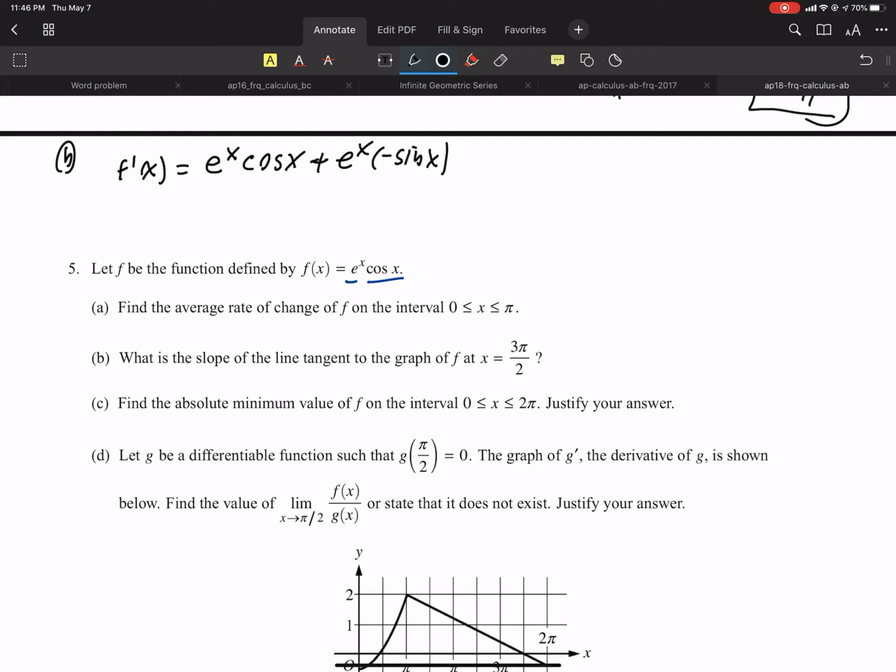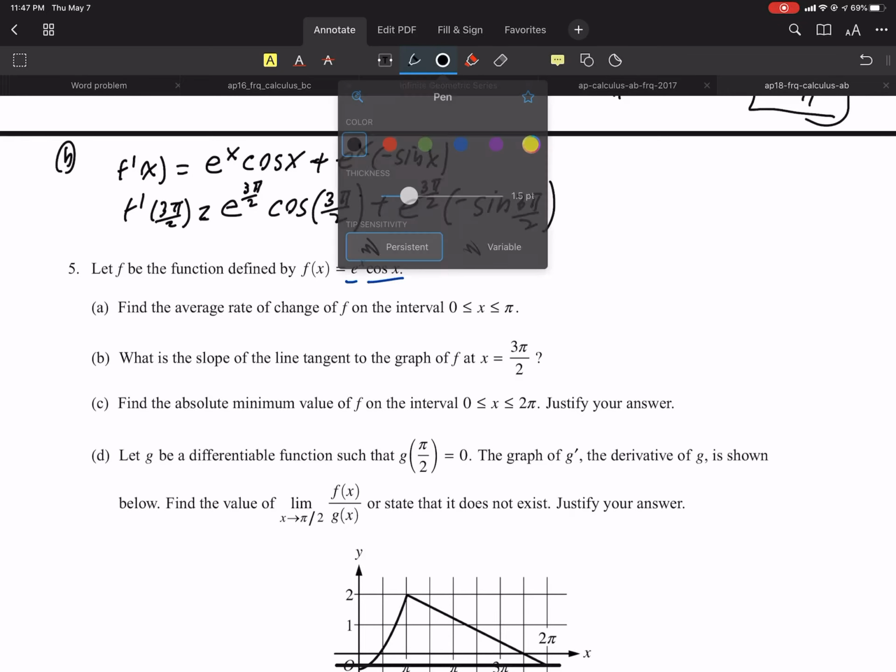Now we're going to plug in 3 pi over 2. Cosine 3 pi over 2. E to the 3 pi over 2, and the opposite of the sine of 3 pi over 2. Okay, pretty nice here.